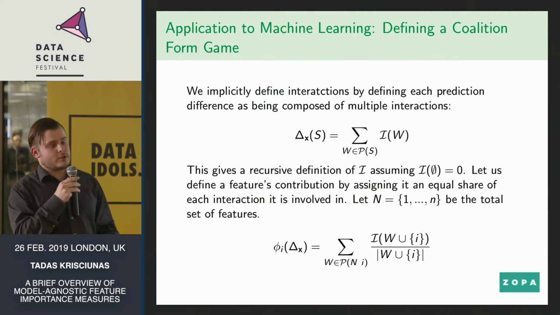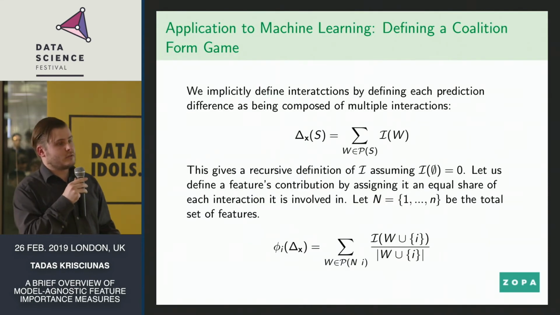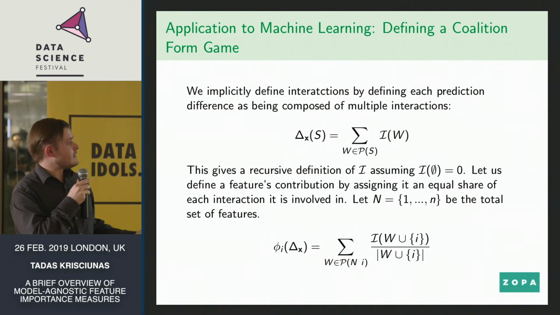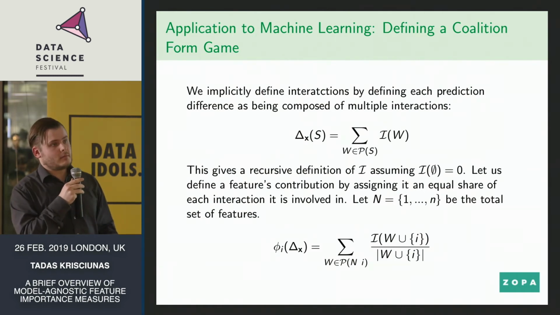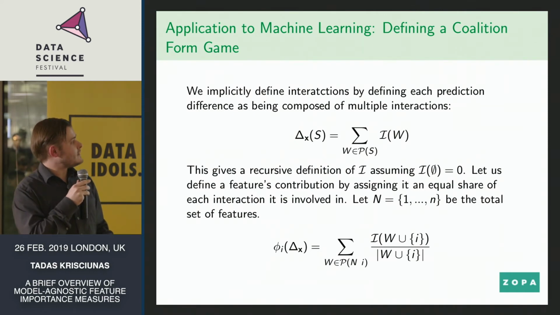And in order to be sure that we are really taking into account all feature interactions, let's define implicitly our prediction difference for a particular fixed set of features as a sum over all interactions in that particular set.